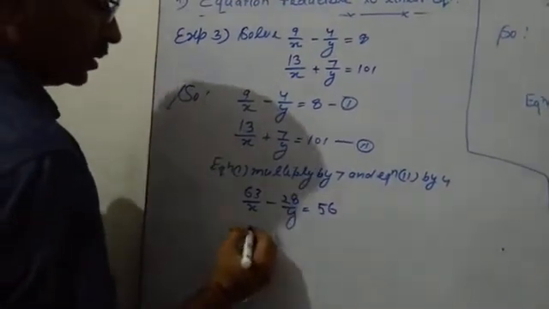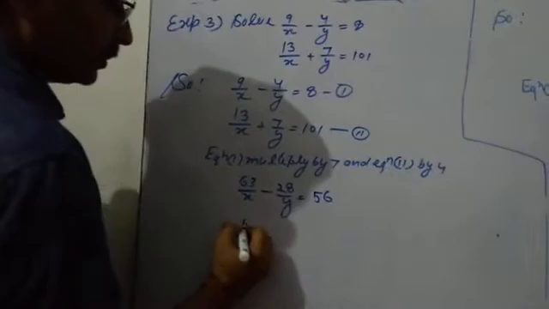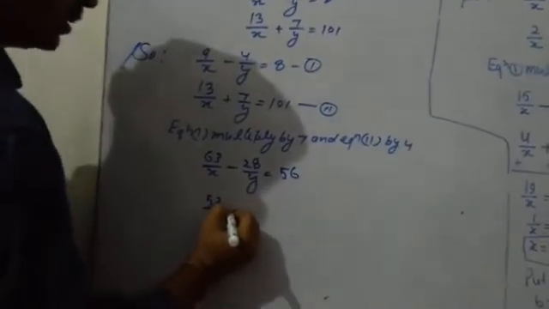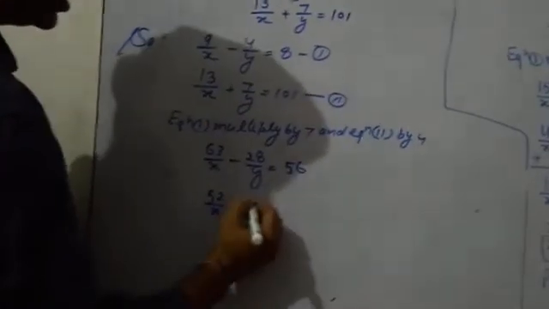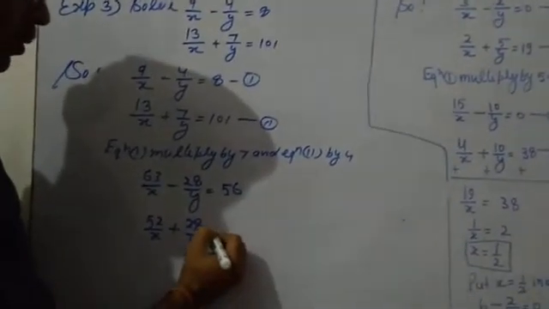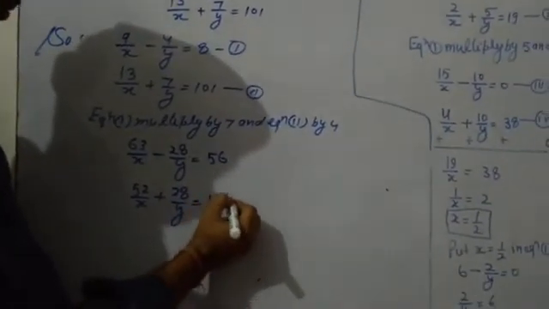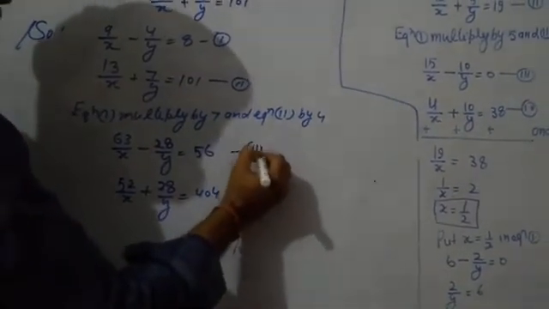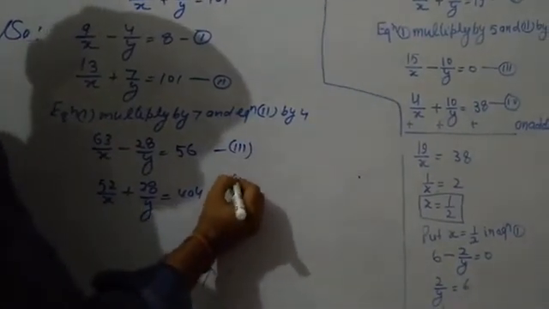Now 13 fours are 52 by x plus 7 fours are 28 by y equal to 404. This is third and this is fourth.